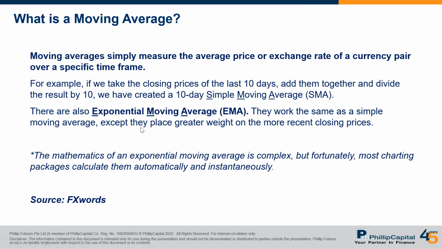The exponential moving average is similar to the simple moving average, but the formula places a greater weightage on the more recent closing prices. So for short-term or intraday trading, we want the moving average to react faster to recent prices, so we use the exponential moving average instead of the simple moving average.